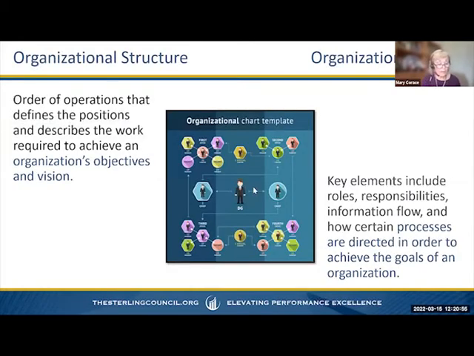So it's all about alignment. The order of the operations that defines the positions and describes the work required to achieve an organization's objectives and vision. Key elements include the roles, the responsibilities, the information flow, and how certain processes are directed in order to achieve the goals of an organization.